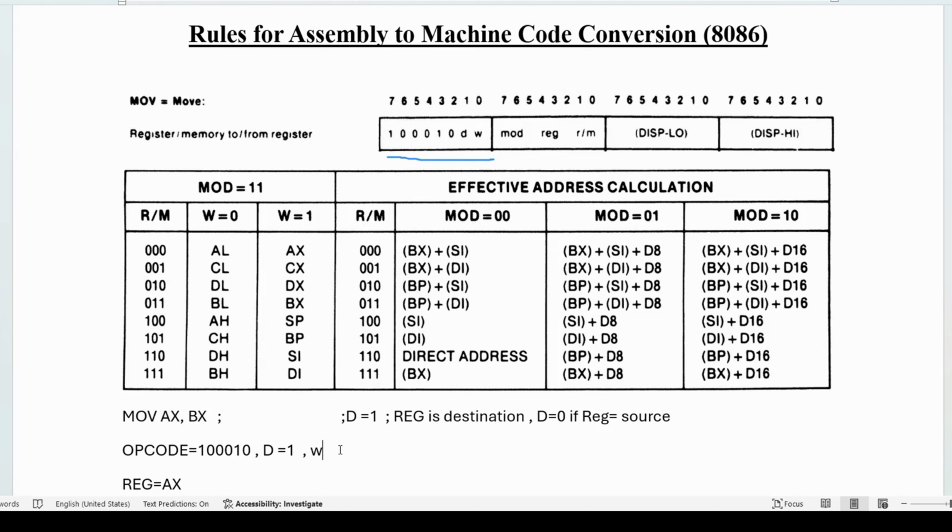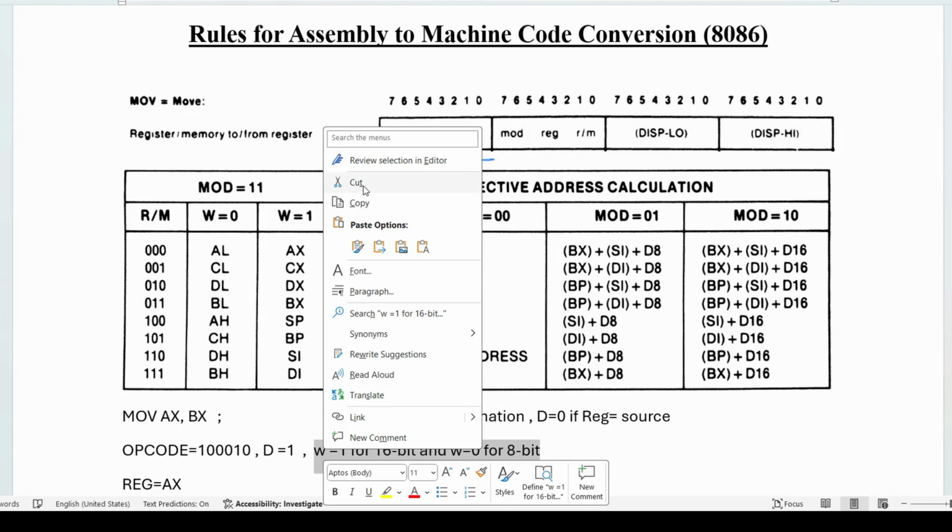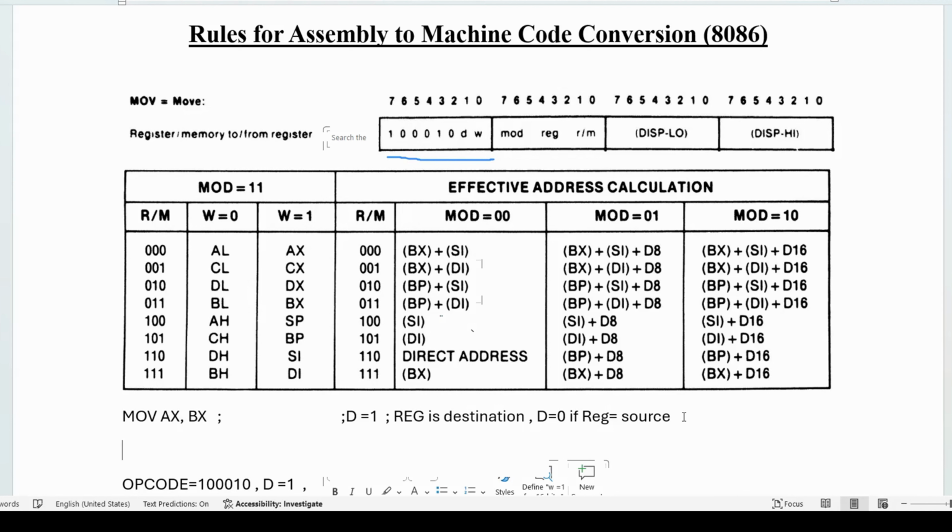So the size of operation is 16 bits, and W will be 1. W will be 1 for 16-bit and W will be 0 for 8-bit. So this is the rule for W. Let me copy it and also paste it upward.